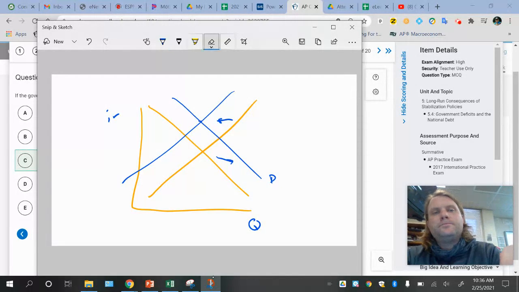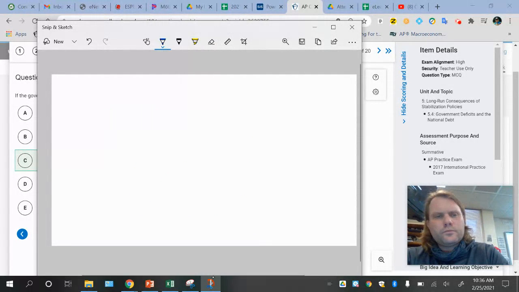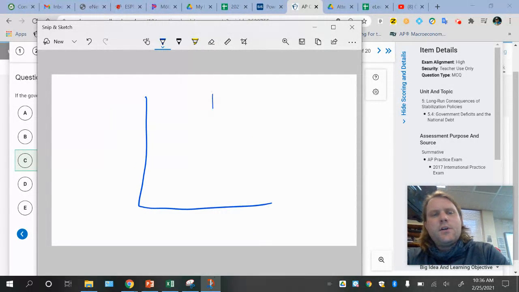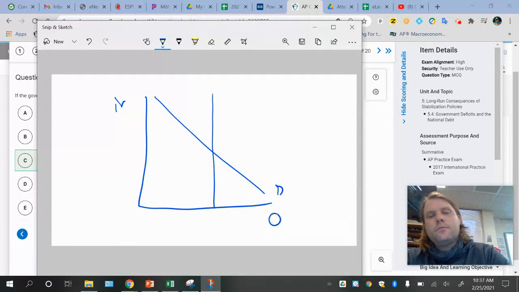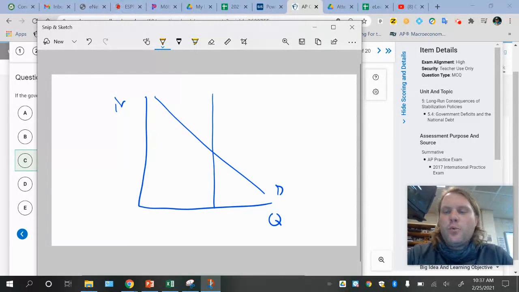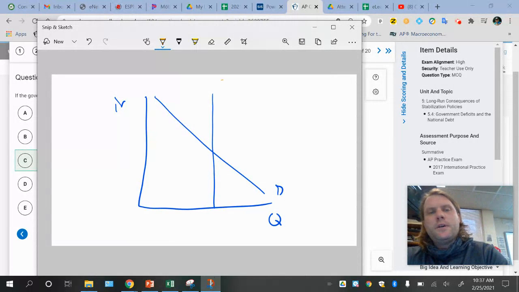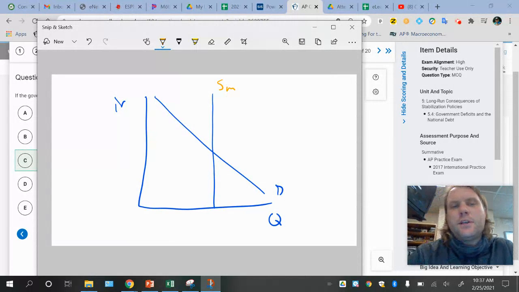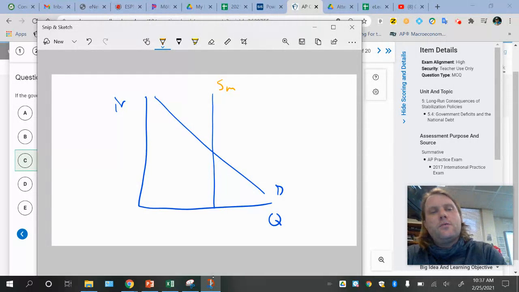Let me start over. To stay consistent, I'll draw my vertical supply of money there. So here's our demand for money, interest rate, quantity. If you were to draw an upward sloping line for the supply of money, that's completely fine. It's accepted. It's going to give you the same answer eventually anyway. So let's start over. Sorry.